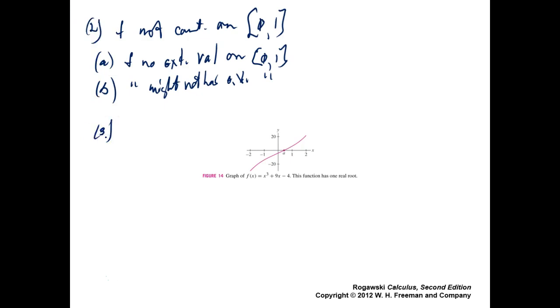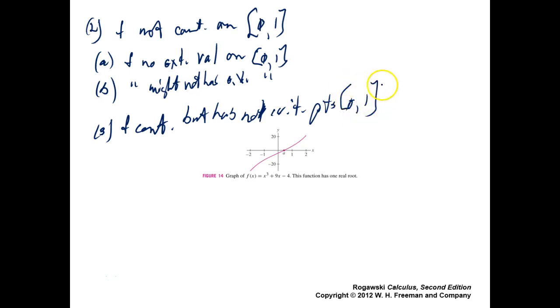Okay, so the 2 is B, this is 3. If f is continuous but it has no critical points on 0 to 1, then which of these is your conclusion? A, f has no min or max on 0, 1.